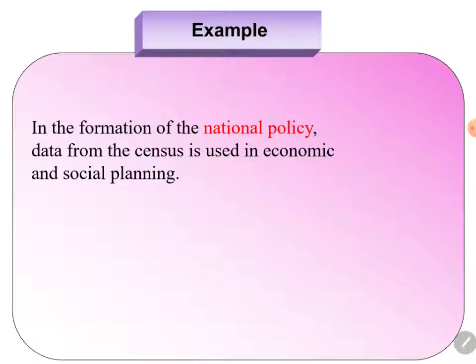And then in the formation of national policy, data from the census is used in economic and social planning. Yes, it's important because we need to know the data for planning.